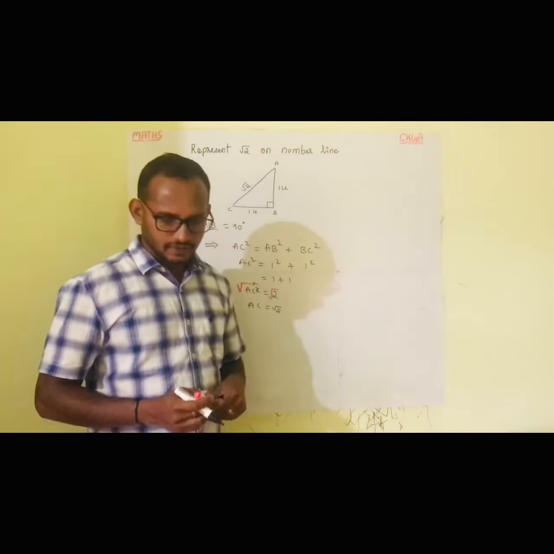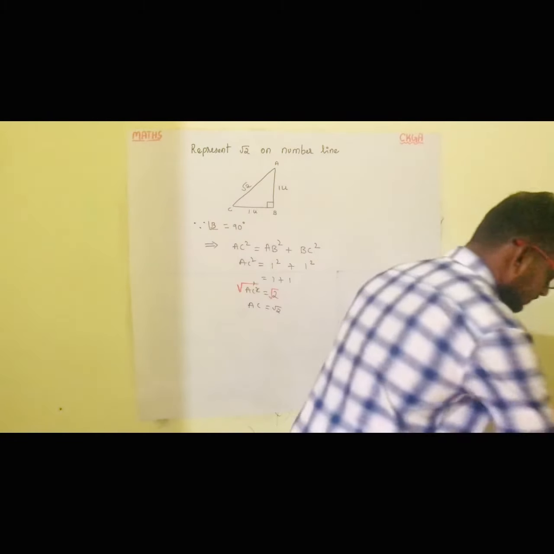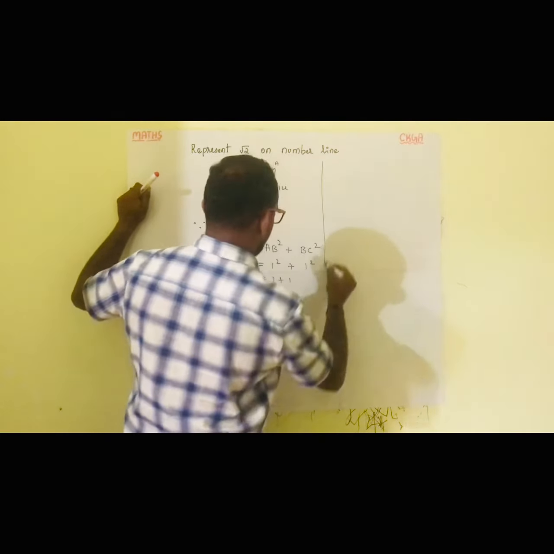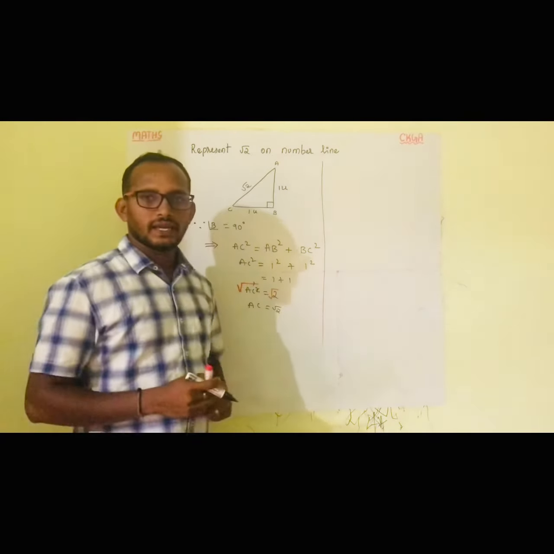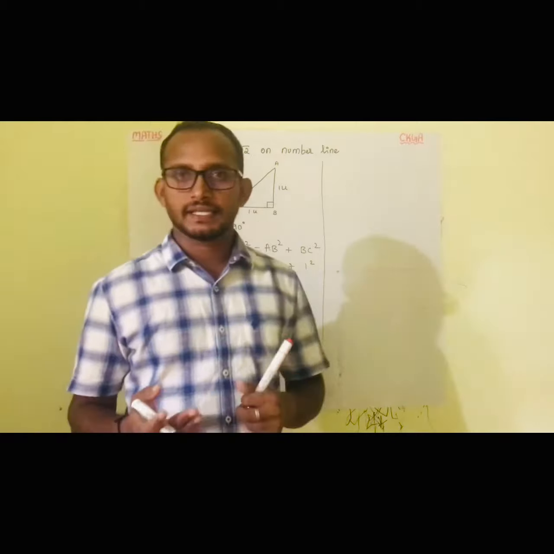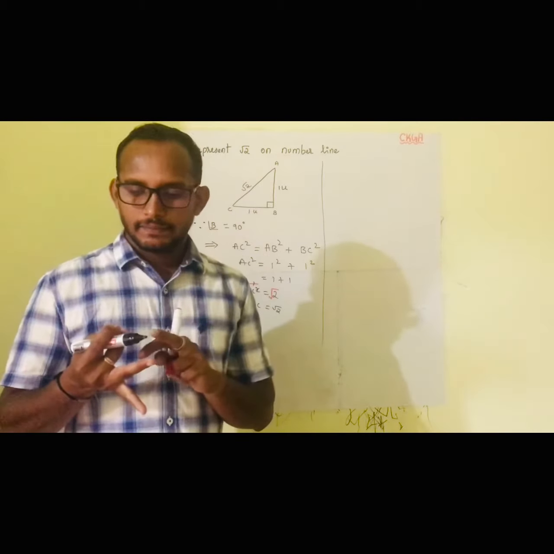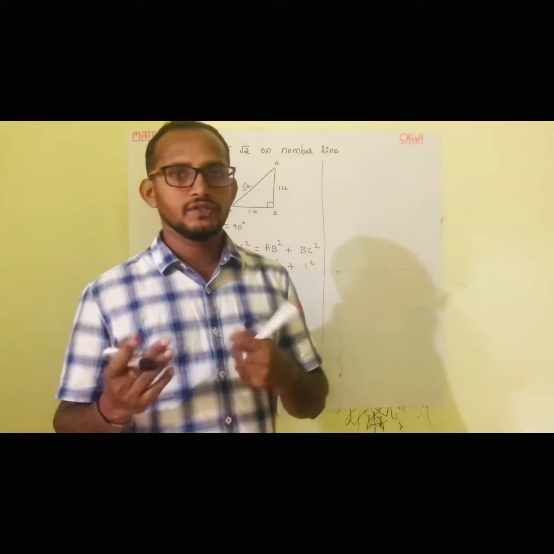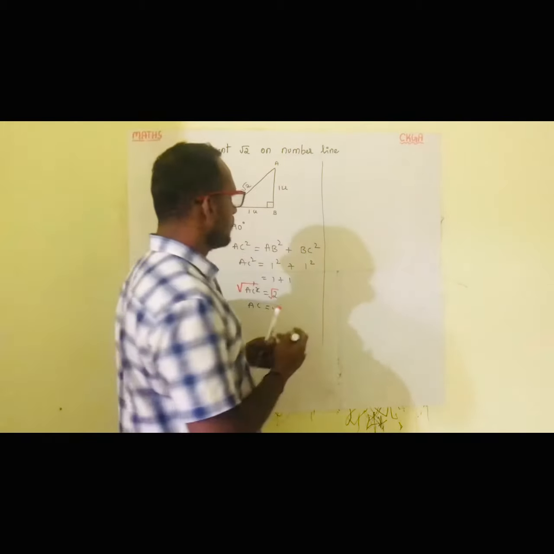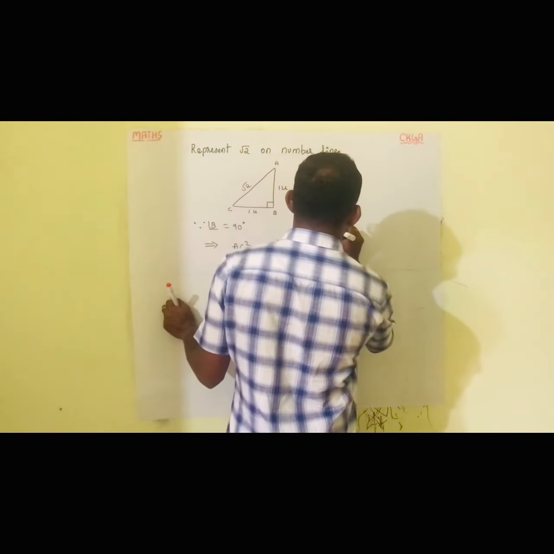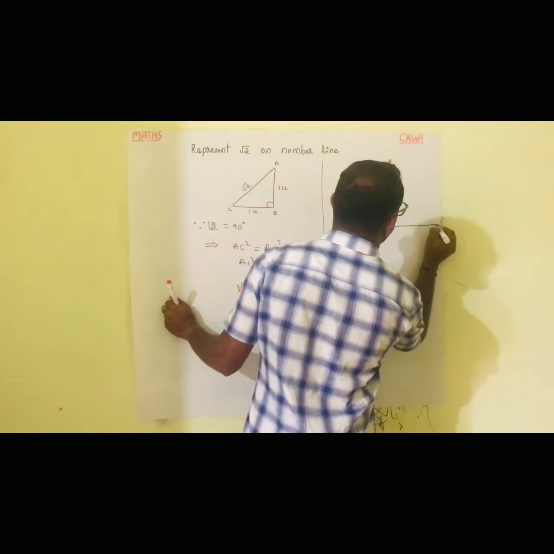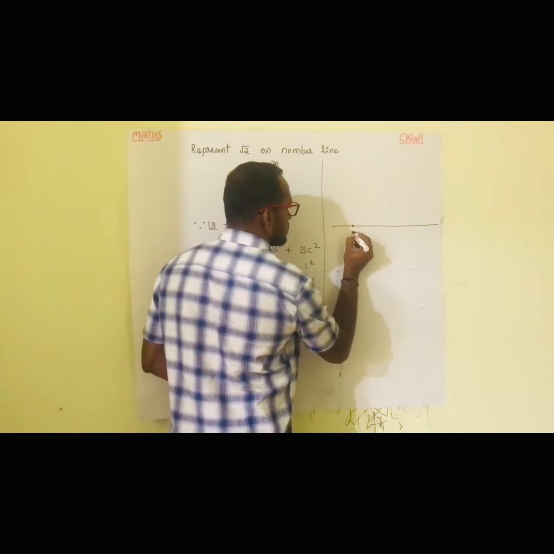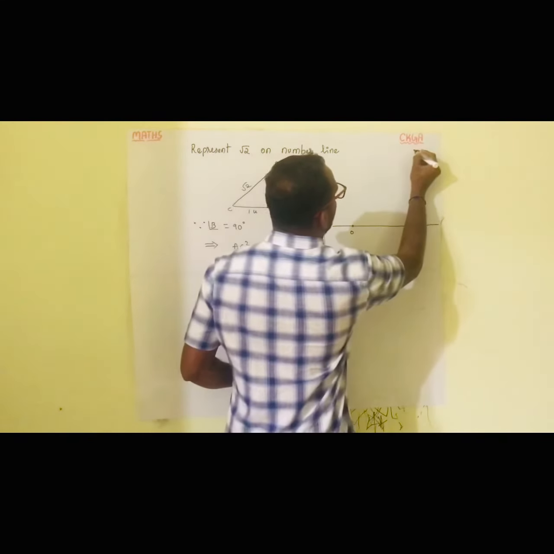Representing it on the number line is very different. Let me help you now. For this construction you need some apparatus: a scale, a protractor and a compass. You need these three instruments to represent root 2 on the number line. First, draw a horizontal line and mark 0, the origin.